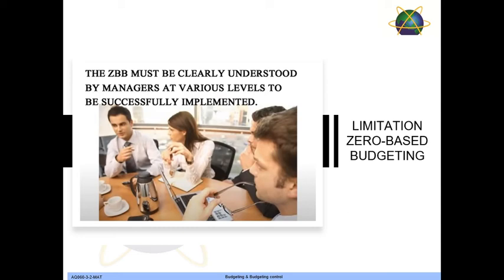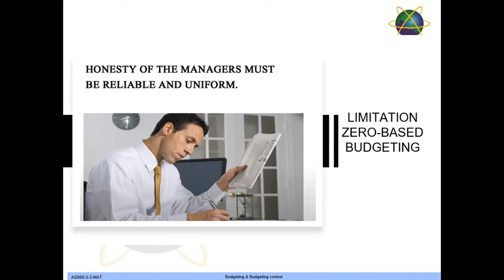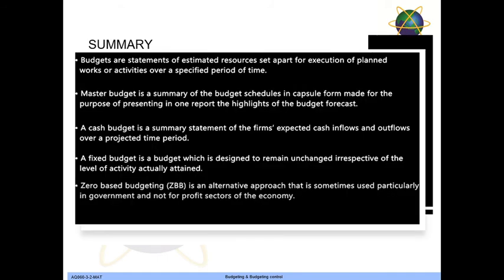In a large organization, the volume of forms may be so large that no one person could read it all, so they need a large group or committee in order to approve everything that has been proposed. And the last one, the honesty of the managers must be reliable and uniform.